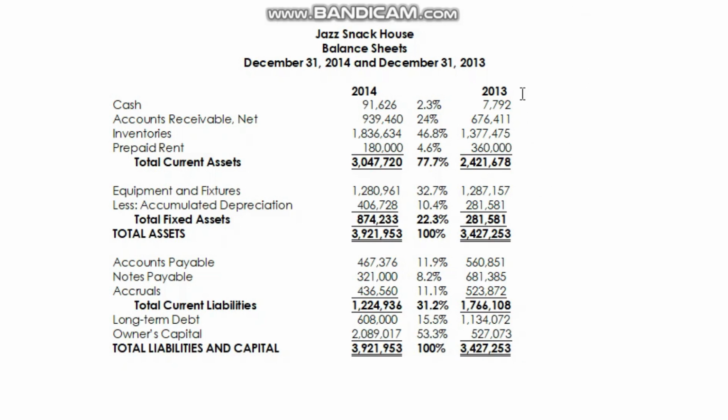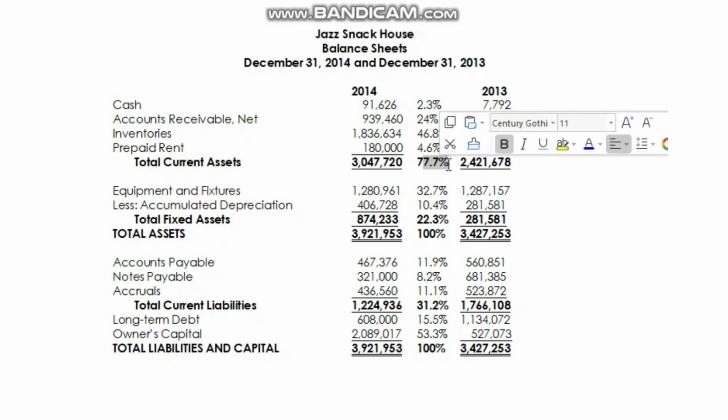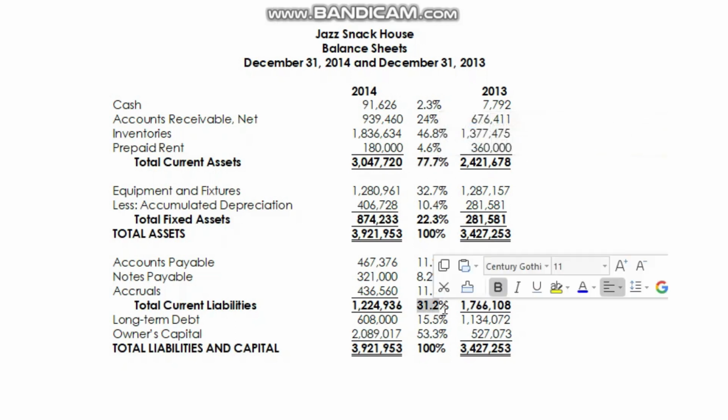Now, once you're done computing for 2013, you would see that there is an increase in the percentage of current assets, and a decrease in the percentage of current liabilities. This indicates an improvement in the management of working capital. There's also a significant change in the capital structure.